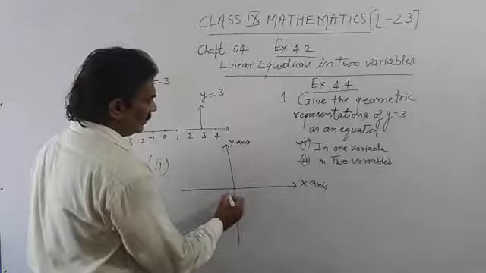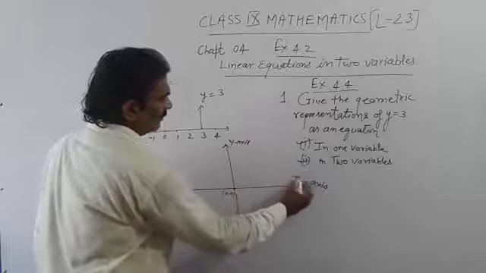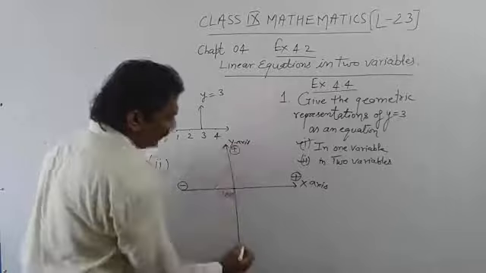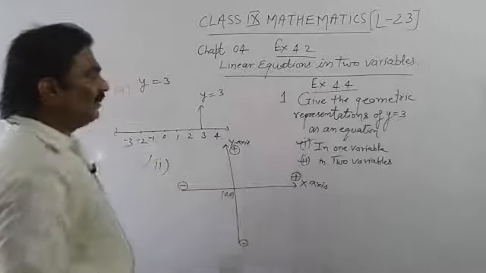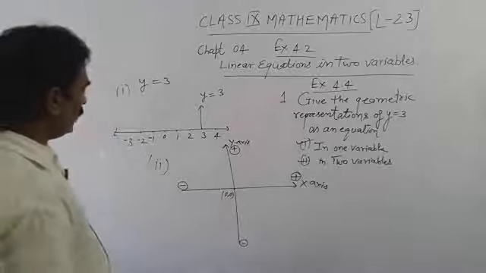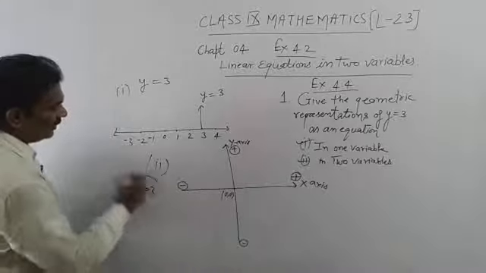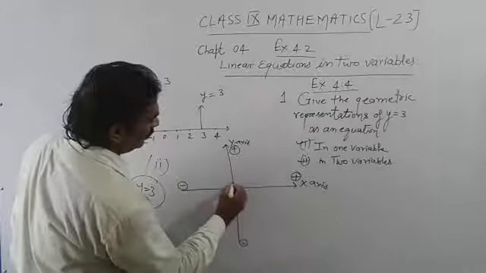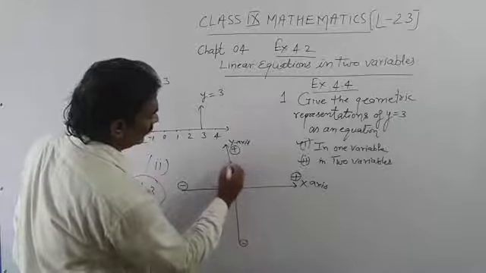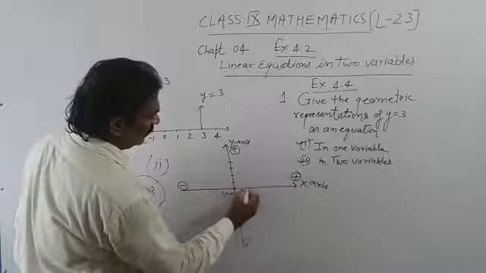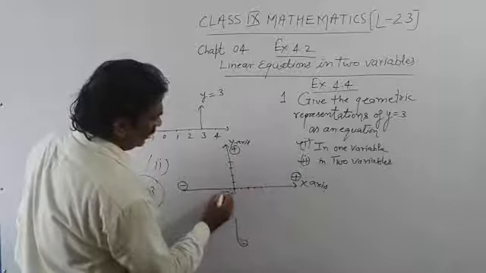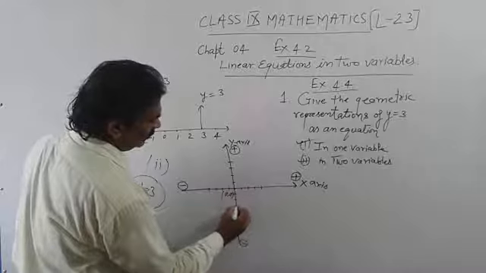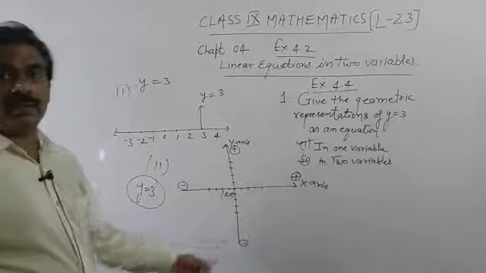This is the origin, the x-axis positive side, x-axis negative side, y-axis positive side, y-axis negative side, and we want to write y = 3. Certainly y is positive. Take same points from here: 0, 1, 2, 3, 4 etc. Here 1, 2, 3, 4, and on the negative side -1, -2, -3, -4. These are the negative side of the y-axis.